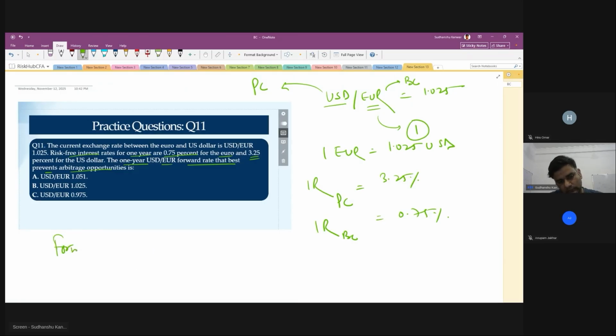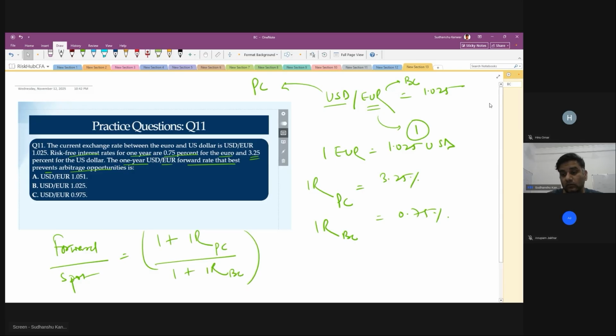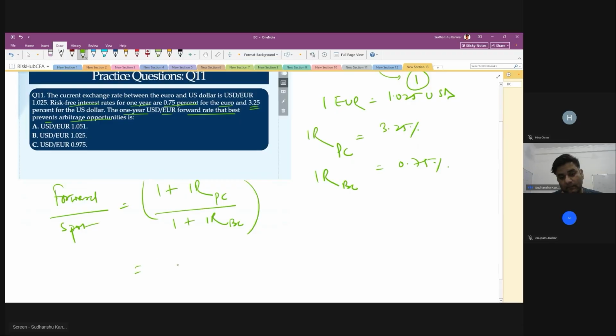Forward by spot equals 1 plus interest rate price currency divided by 1 plus interest rate base currency. So 1 plus interest rate price currency is 1 plus 0.0325. 1 plus interest rate base currency is 1 plus 0.0075, that is 0.75 by 100.